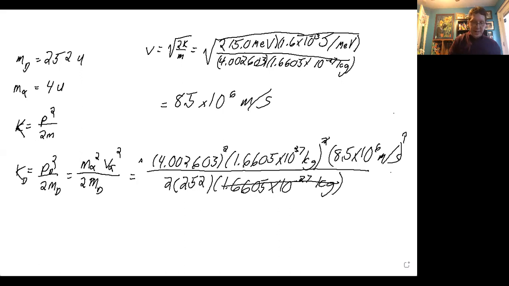And you get 3.8 times 10 to the negative 15 joules. In mega electron volts, you divide that by 1.6 times 10 to the negative 13.